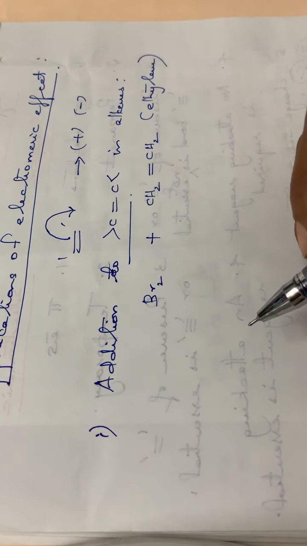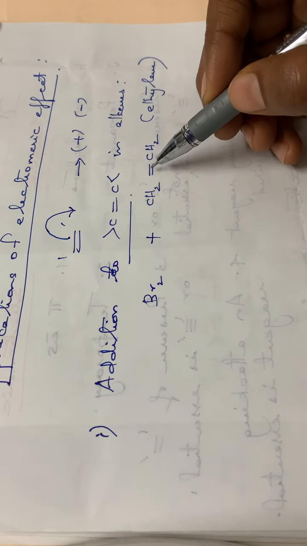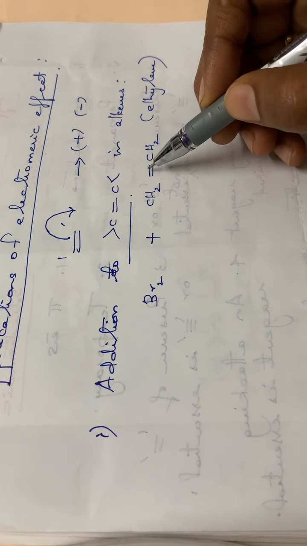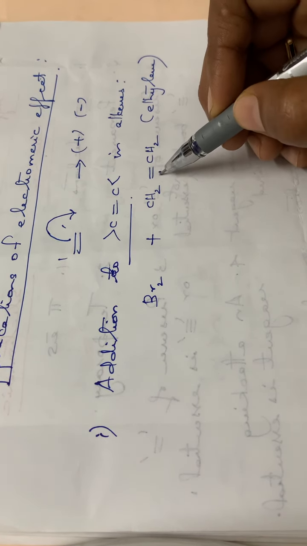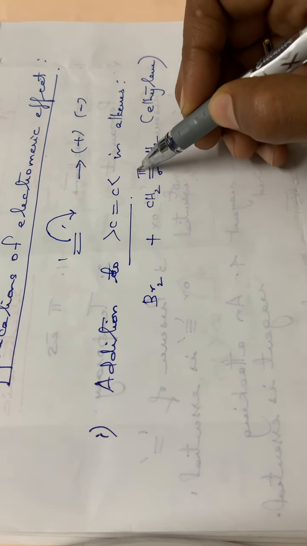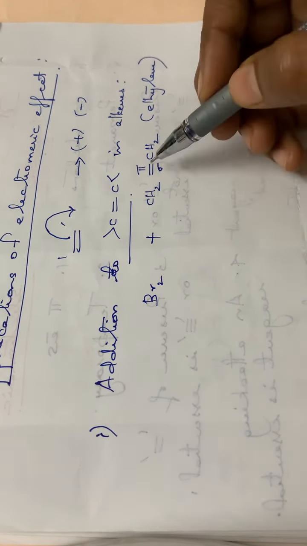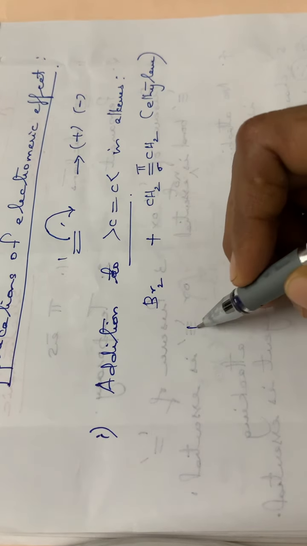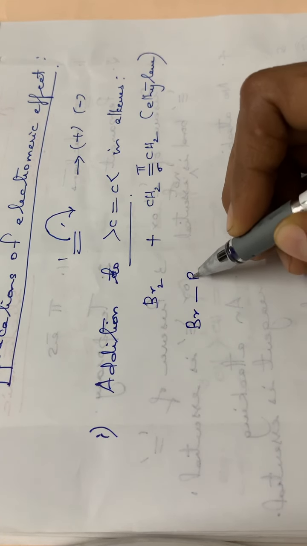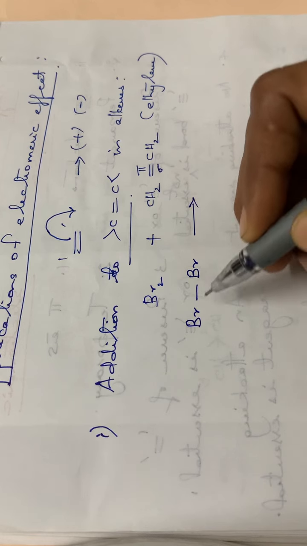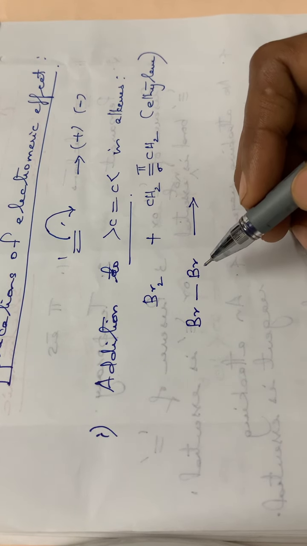So here what happens is that, due to the presence of the pi electrons, in the case of CH2 double bond CH2, one of the bonds is a sigma bond and the other one is a pi bond, right? So due to the presence of the pi electrons, this bromine molecule will be polarized. Polarized means some charge difference will occur in the bromine molecule.